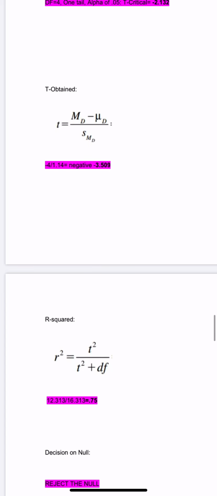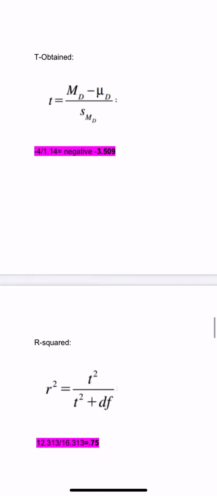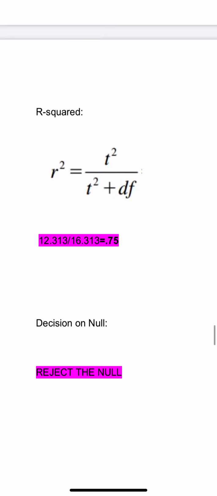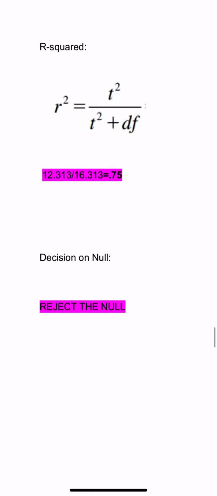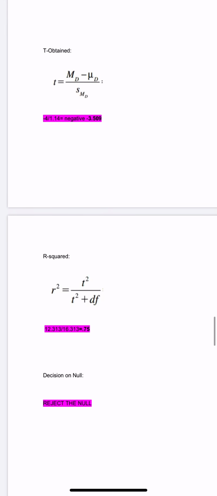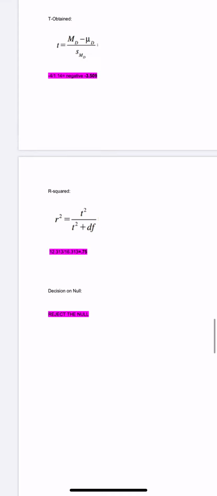Obviously the closer this is to 1, the stronger the test was, right? If 75% of the variance can be explained by the manipulation of the independent variable, it's basically saying 75% of the difference between the two groups in this test can be explained by the workshop. Decision on the null, we're going to reject the null, obviously, because T obtained is larger than T critical.